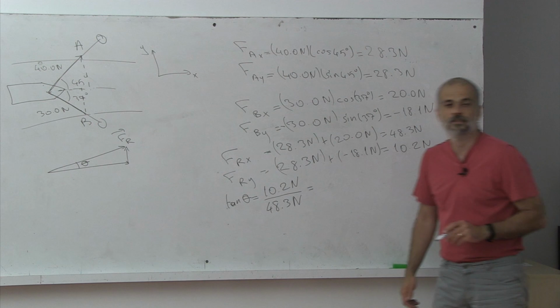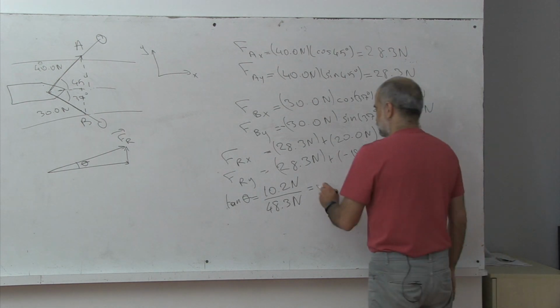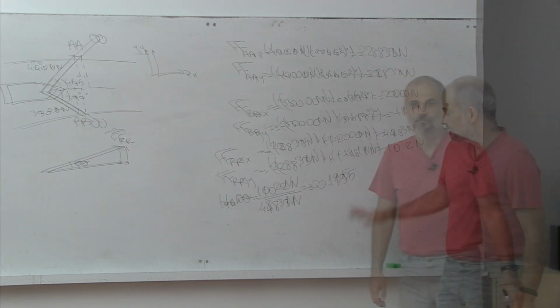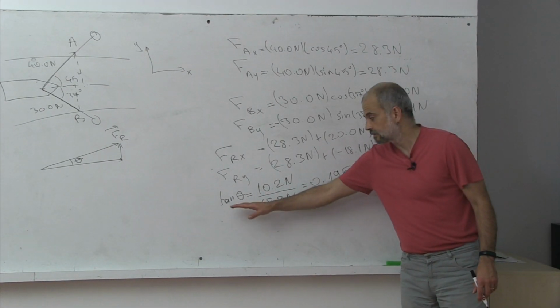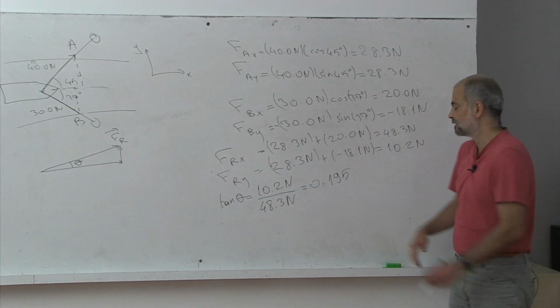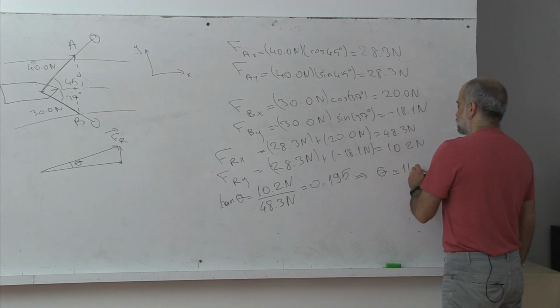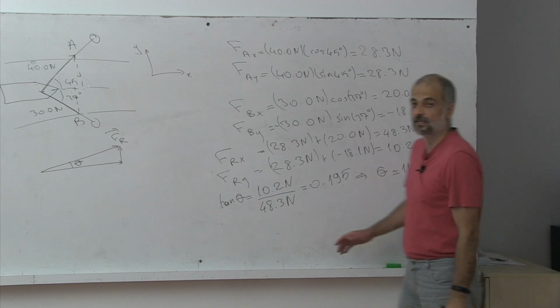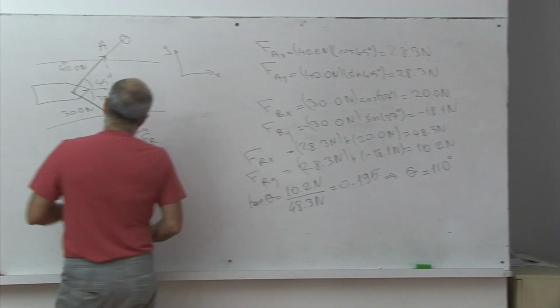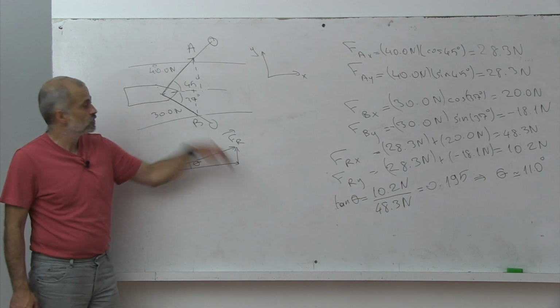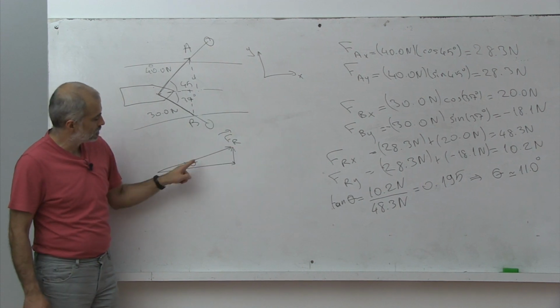So the tangent of that angle is 0.195. Now the angle that has a tangent of 0.195, theta, is approximately 11 degrees. So the resultant force makes 11 degrees with the horizontal axis, which is the axis along the river. So this is 11 degrees.